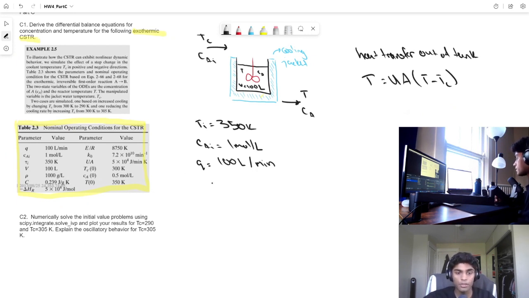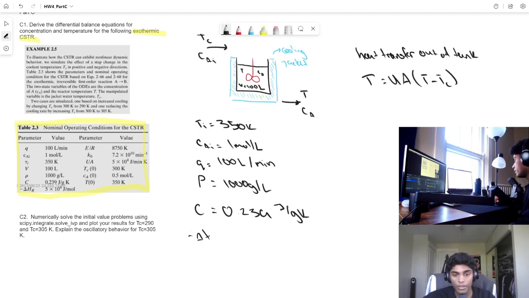Now that we have that, we go back to our drawing board here, and let's list out the rest of our constants. We have a density that is equal to 1,000 grams per liter. We have the specific heat, which is equal to 0.239 joules per gram Kelvin. And we have our heat of reaction, which is equal to 5 times 10 to the fourth joules per mole.